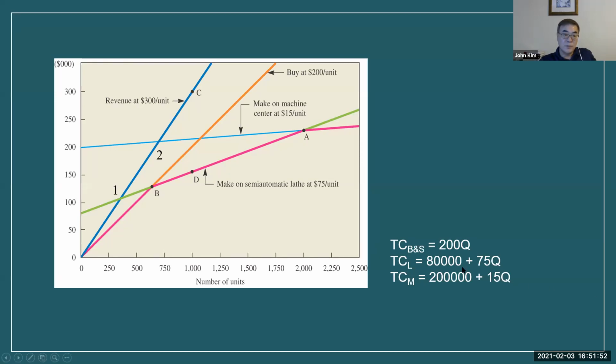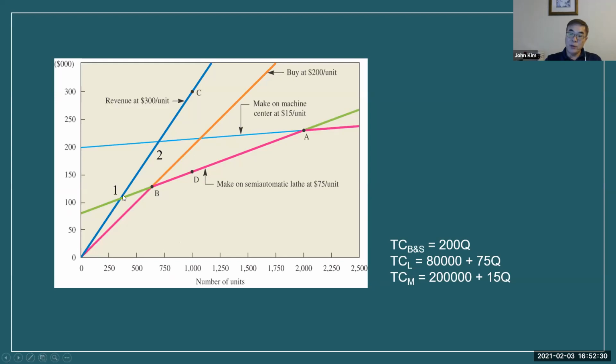And then the second option: fixed cost is 80,000 and then it increases by 75. And the third option, using the machine center: initial cost is 200,000 and then it increases by 15. So if there are multiple options, then there are multiple crossing points.